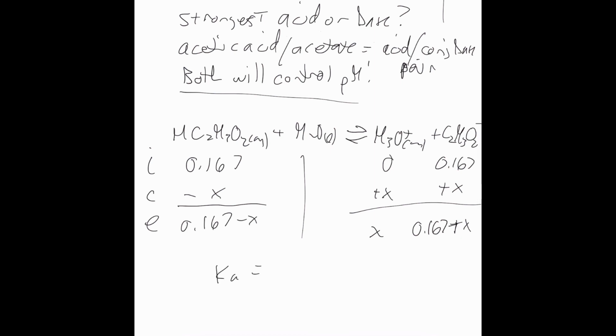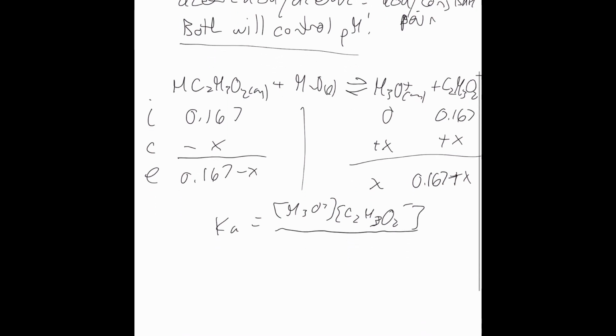So we have Ka equals H3O plus times C2H3O2 minus, sorry, the 3 is hard to read, over HC2H3O2, and we would plug all of these in and solve.